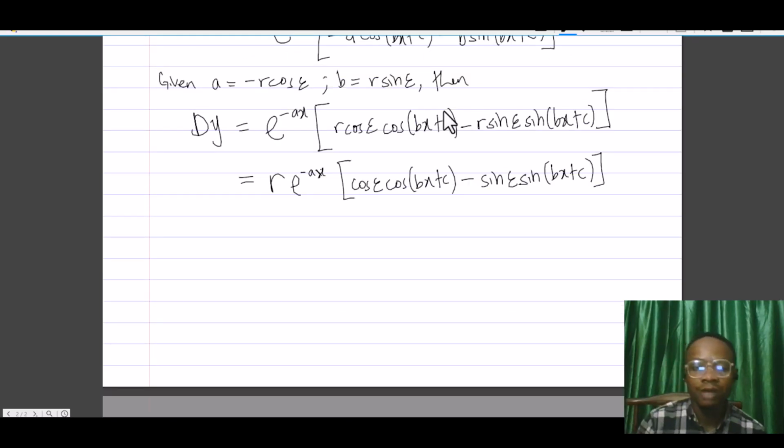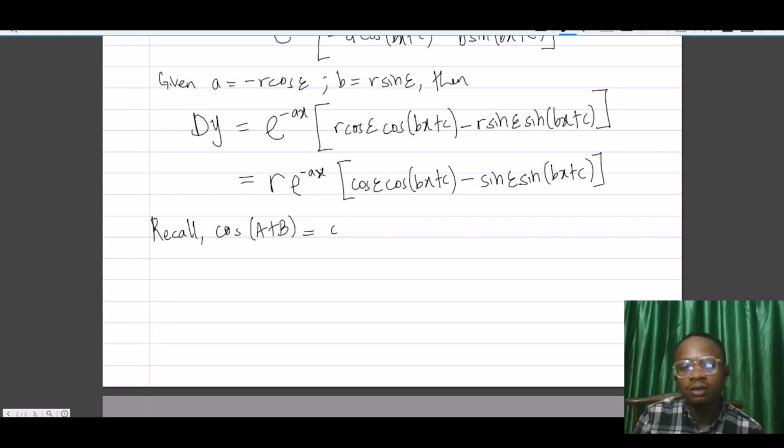We recall from our trigonometric relations, and we've used this formula in a previous lesson, that cos of a plus b is equal to cos a cos b minus sine a sine b. So basically what we have here is cos epsilon cos this, so the arguments are similar. This is cos epsilon, this is sine epsilon, this is cos bx plus c, this is sine bx plus c.